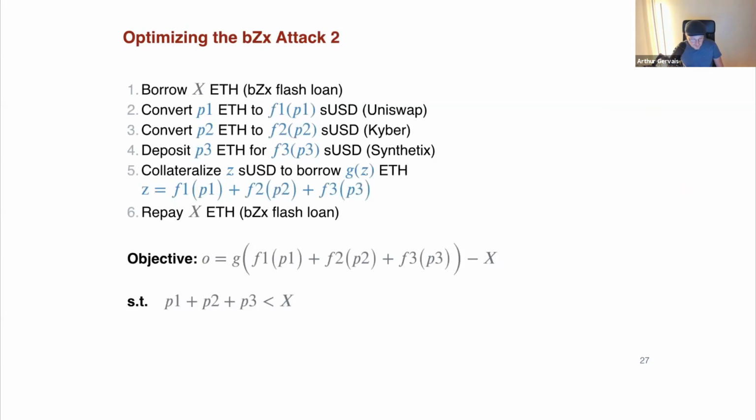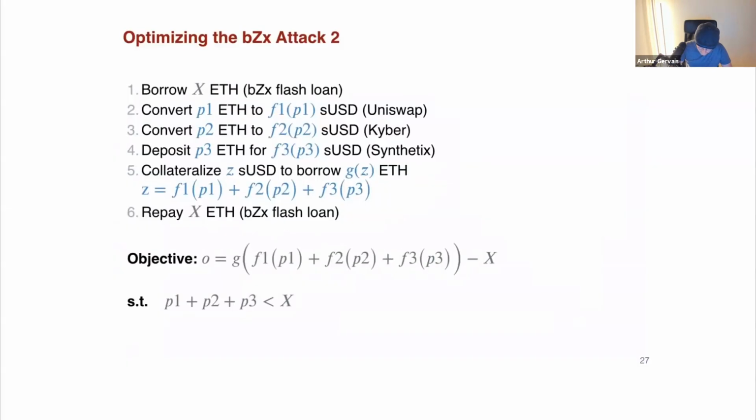So how would this look concretely on the B6 attack 2 that we just looked at and that Sam also outlined? Well, in the first case, we know we borrow X Ether from the B6 flash loan, right? And then we have three parameters, P1, P2, P3, right?